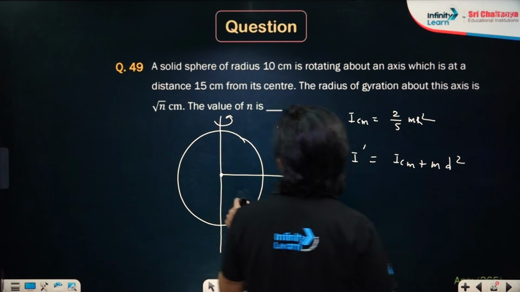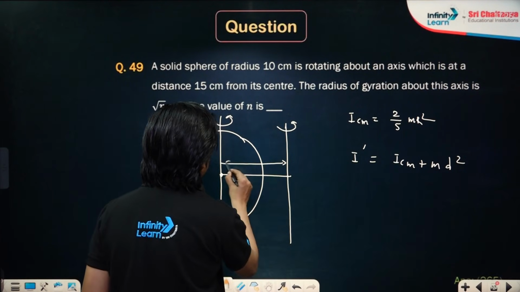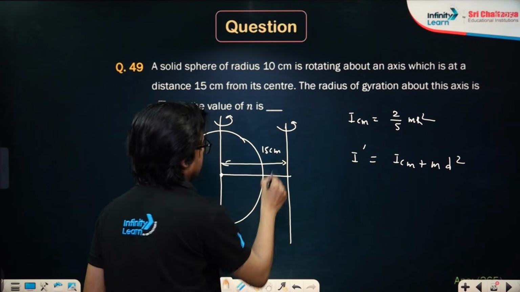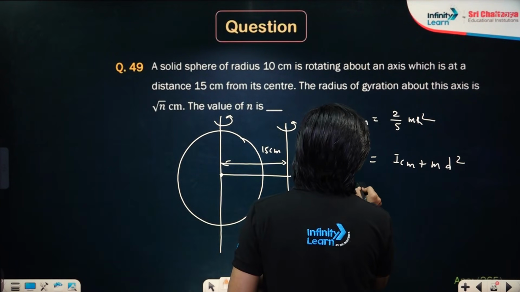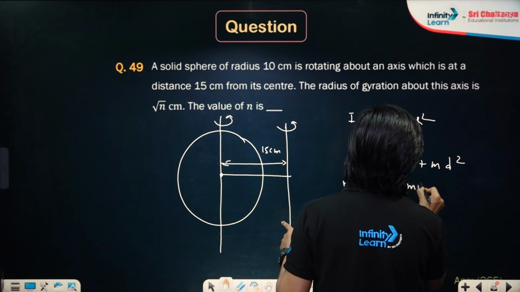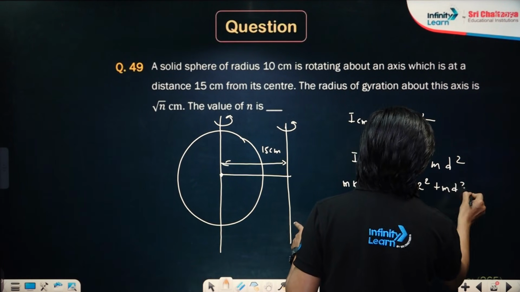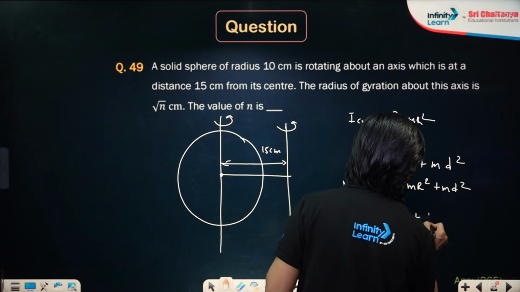What is that d? D is the distance between these two axes, and it is actually equal to 15 centimeter. So you can write here m into k square, k is the radius of gyration, equals 2 by 5 m r square plus m d square. So k square is 2 by 5 into r square plus d square.